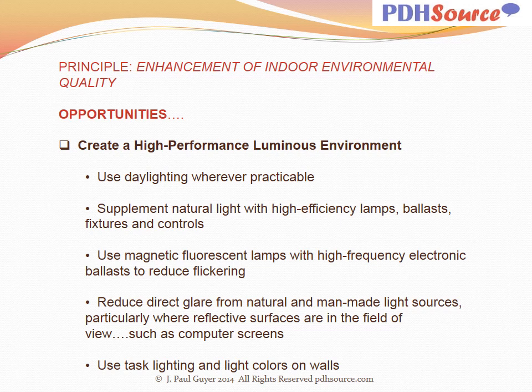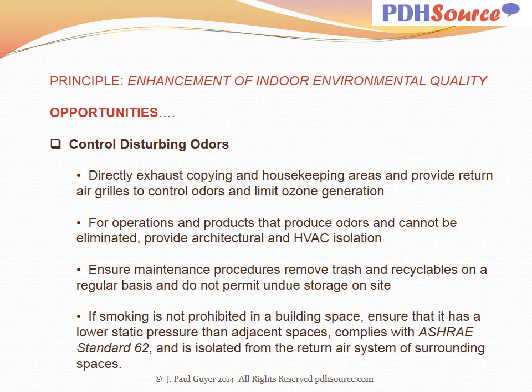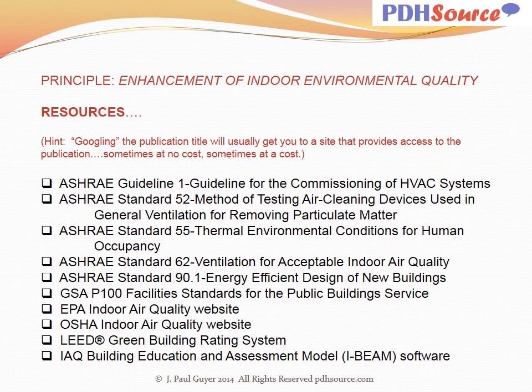In other words, instead of relying on those overhead light fixtures, maybe you can reduce the lighting level provided by those ceiling fixtures and use more desk level lighting for employees, and that can work well. Then there's providing the appropriate water quality, controlling disturbing odors, and some resources that are available to you here.